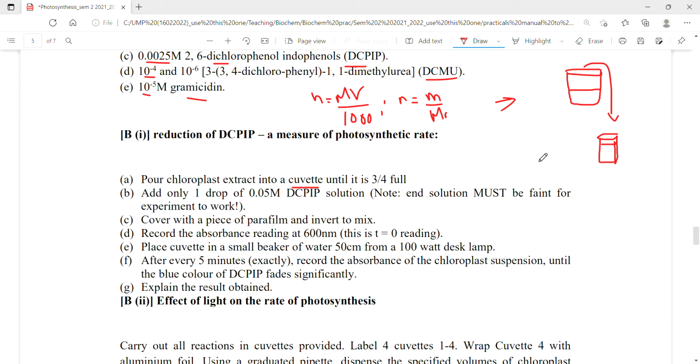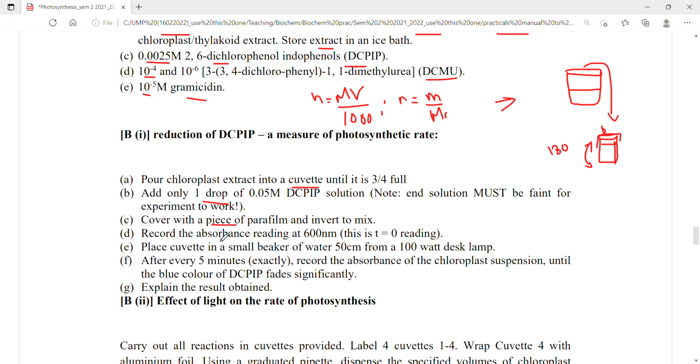Don't need to be accurate. Put one very tiny drop to make a faint color change. Normally to mix it we cover it with parafilm. I have to show you what parafilm is, and then we tilt it 180 degrees upside down a few times, then it will be mixed.